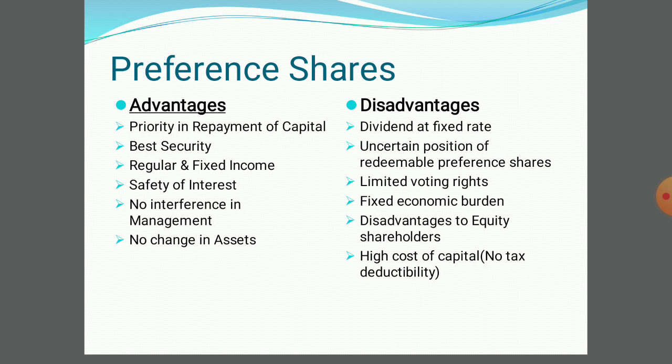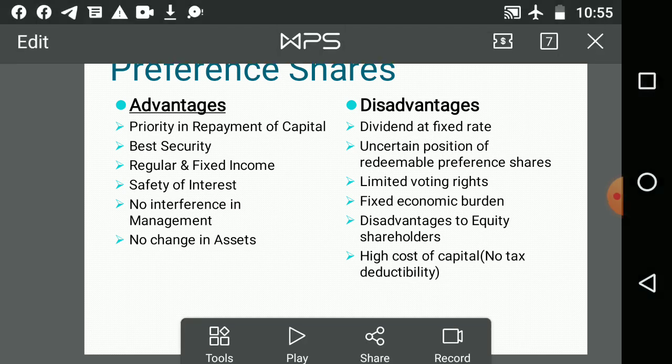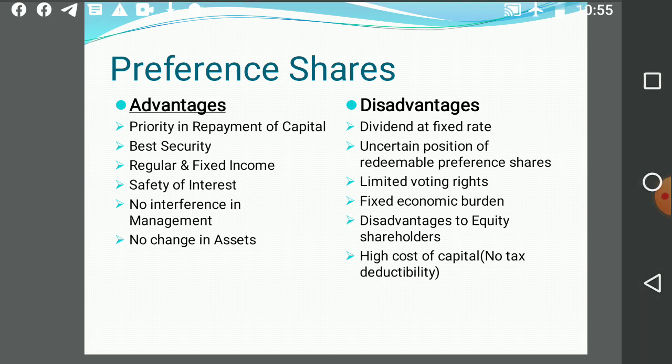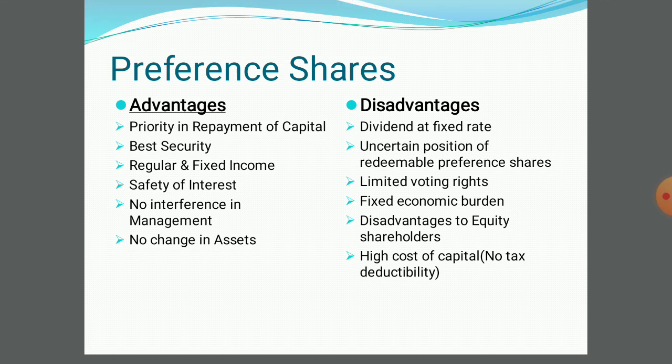If the maturity period of preference shares is 5 years, the company may redeem the preference shares before 5 years, or it may redeem after 6 or 7 years also. So the position of these preference shares is uncertain.